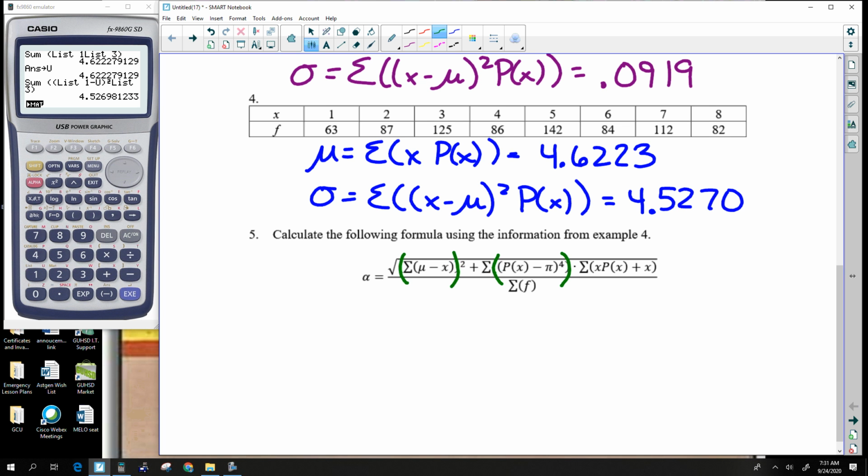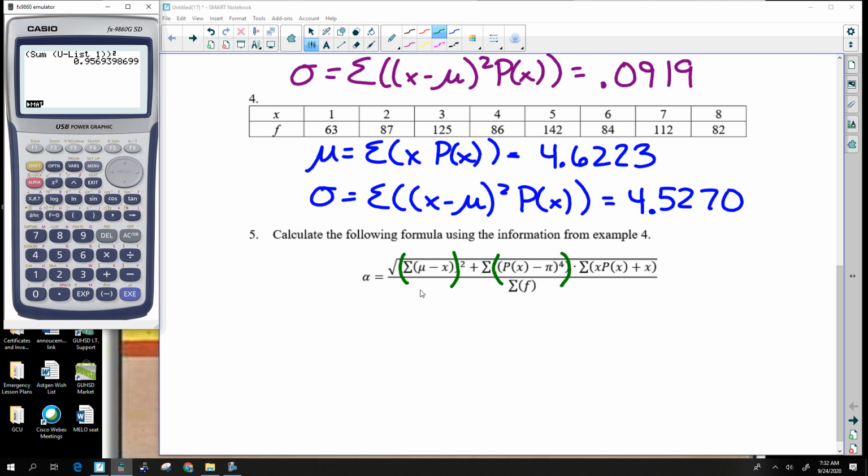So anyways, making that first part A, that's going to be the sum, open, of mu. Actually, here's what I'll do. I'll make it look exactly the same. So open parentheses, sum mu, which is again u, minus x, which is list 1, closed, squared.